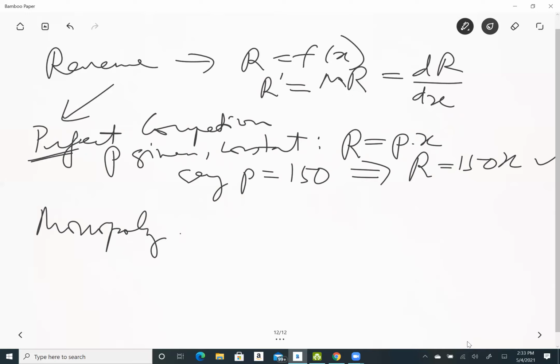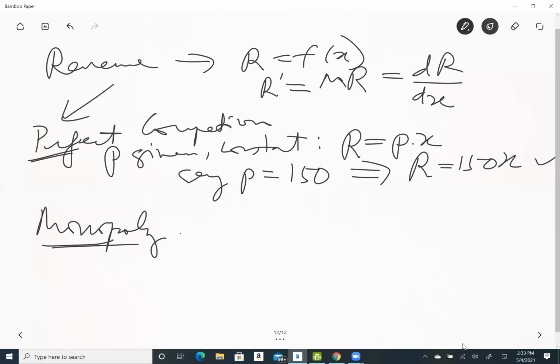Now, on the other hand, if you have a monopoly type of market, what is the difference? Anybody who has taken principles of micro, what is the difference between the behavior of the firm with respect to the price in perfect competition and monopoly? The price in a monopoly market is based on the seller.